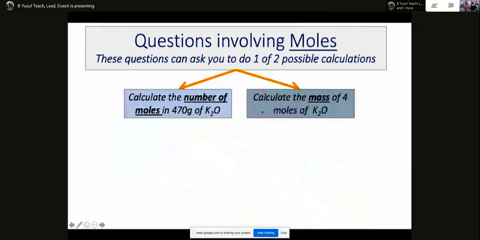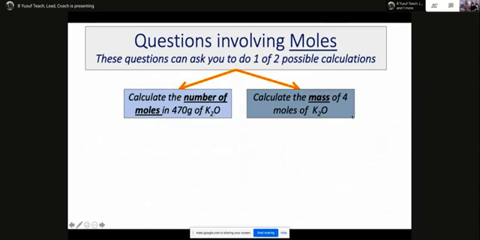So 2 examples. You're asked to calculate the number of moles in 470 grams of K2O, potassium oxide. On the right-hand side, you're asked to calculate the mass of 4 moles of K2O, potassium oxide.